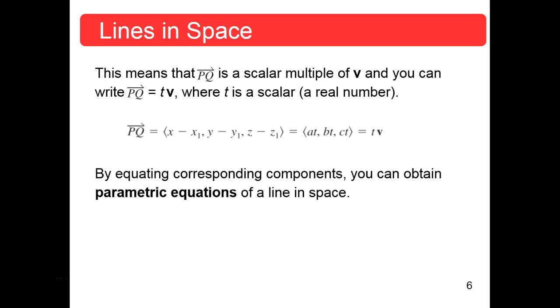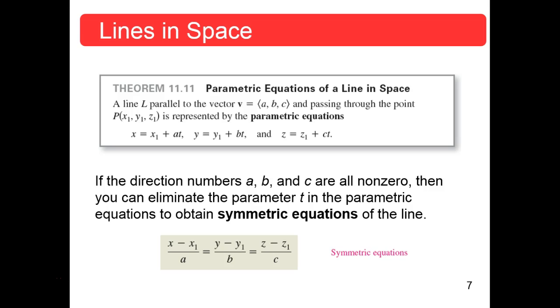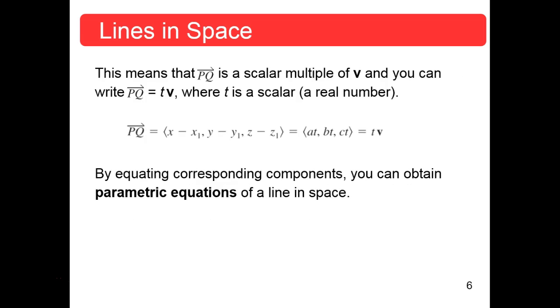This is t times v, so put this over t, that over t, and you get the vector ABC. Oh, I'm sorry, the other way. You're eliminating t, so divide by v here.